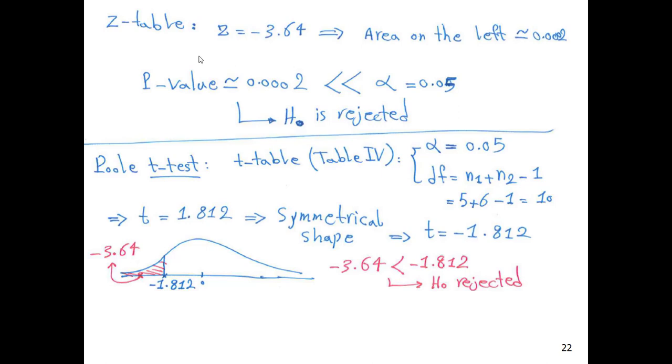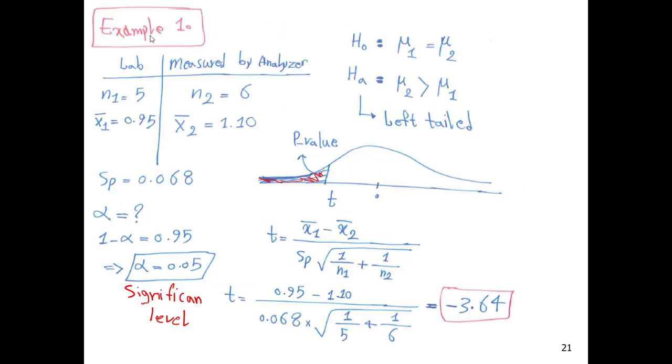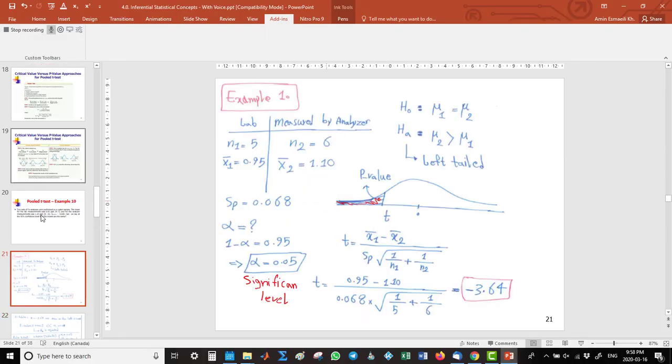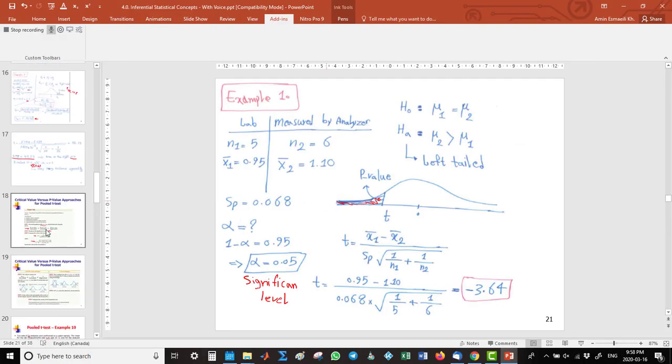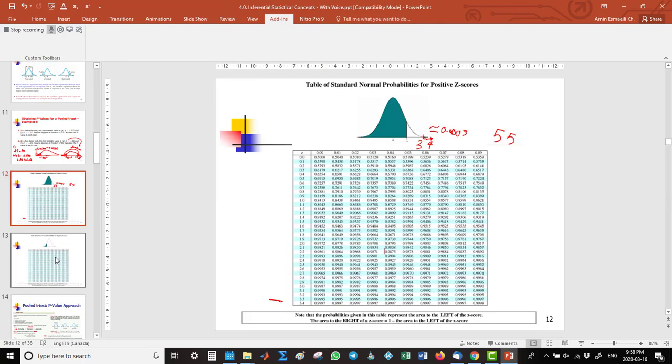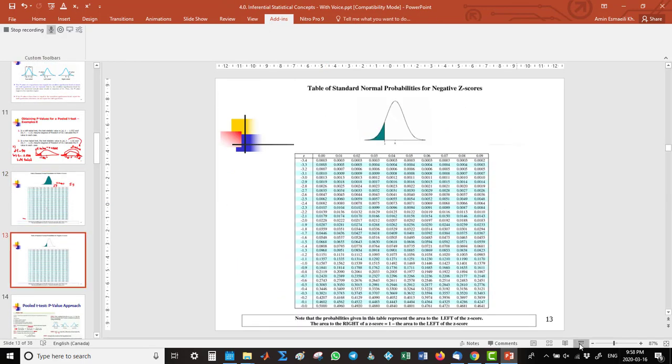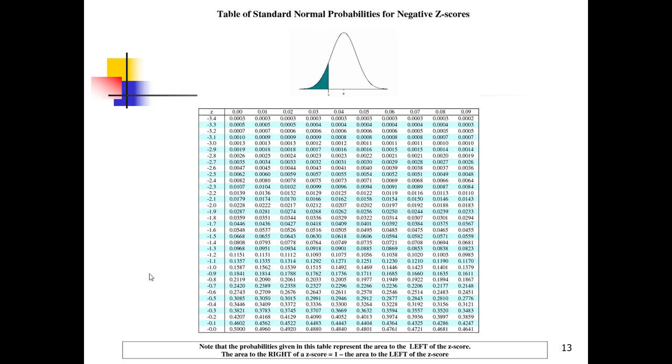So let's go to the z table. This is my z table. The value of the t, the value of the z that I have, is minus 3.6.